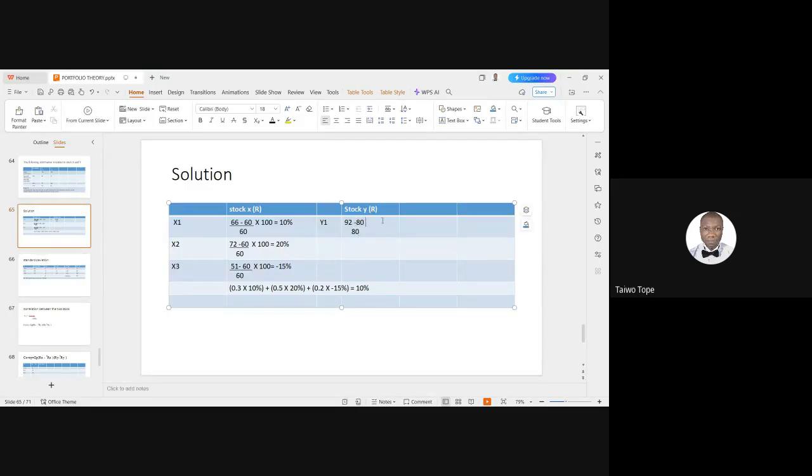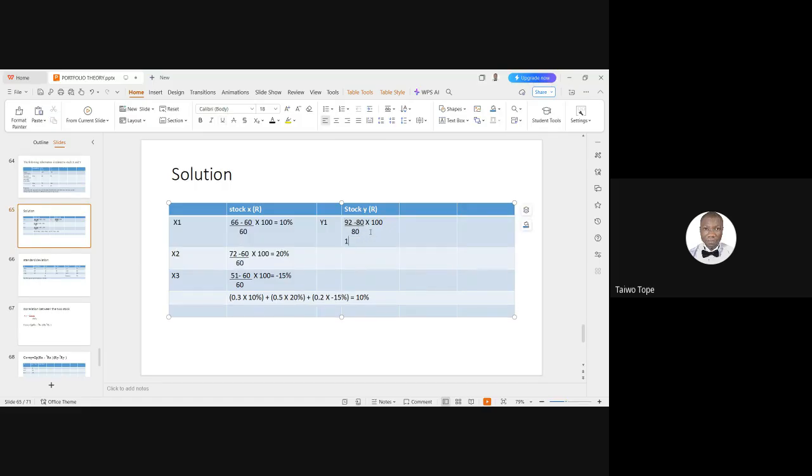When you multiply by 100, the result will be 15%. So I expect you to solve very fast. At least you should have known what to do by now.